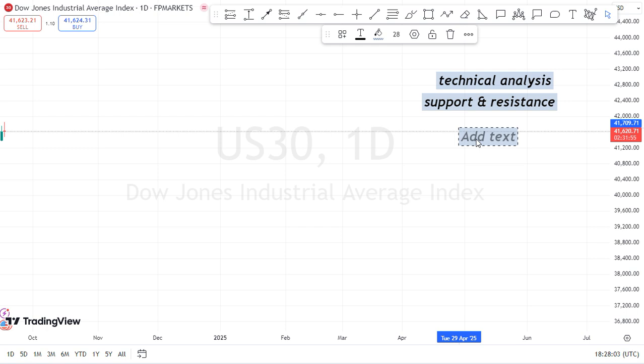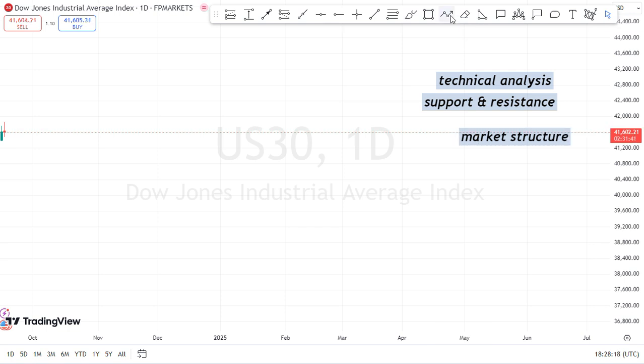Market structure. Guys, like I keep saying, price does not move like tap water. It always goes up, it goes up, it goes down, it goes up, it goes down. So now there are terms that we are going to use. Okay, this is our price, the market structure.